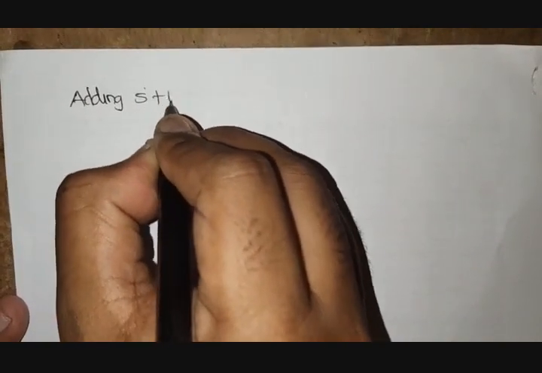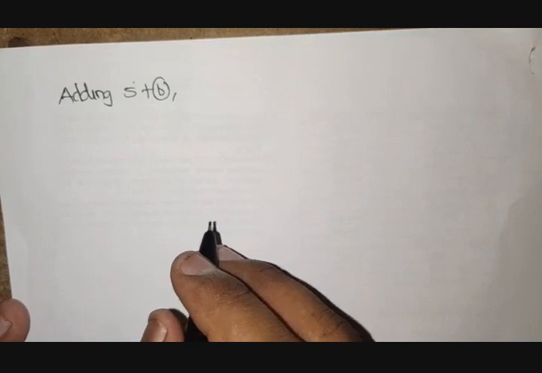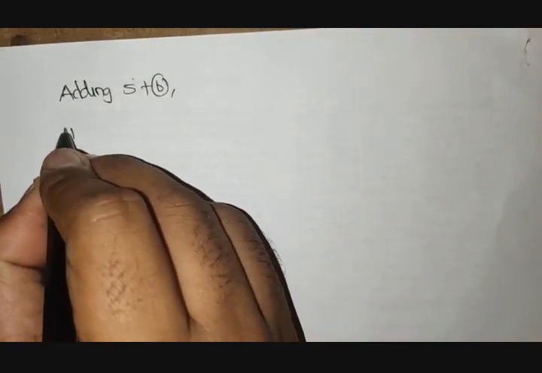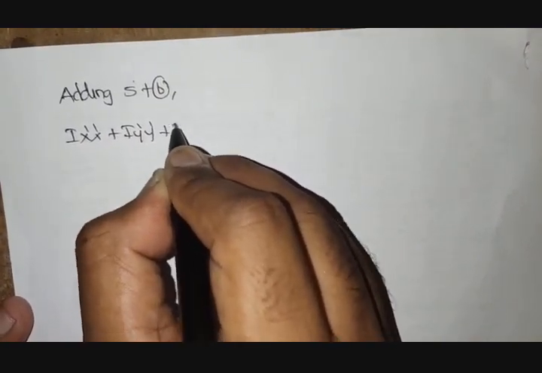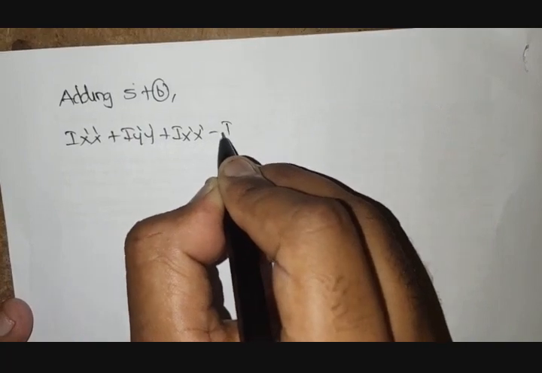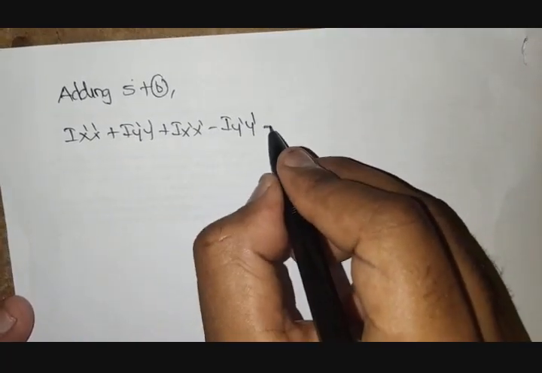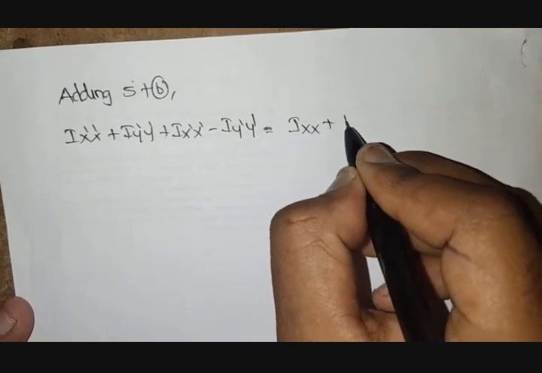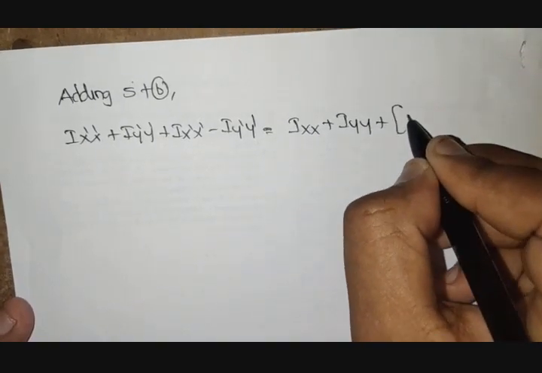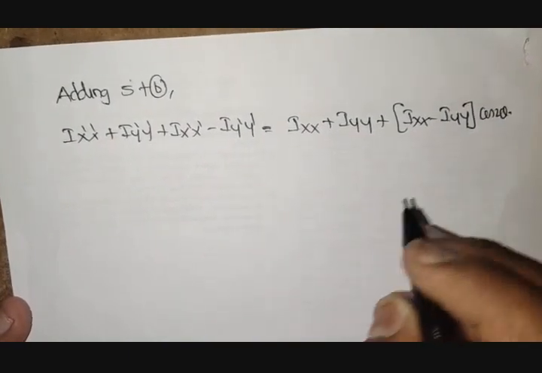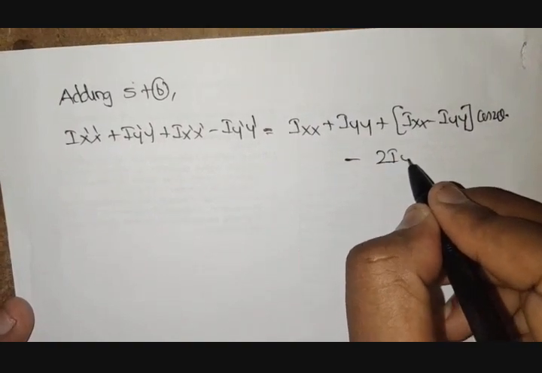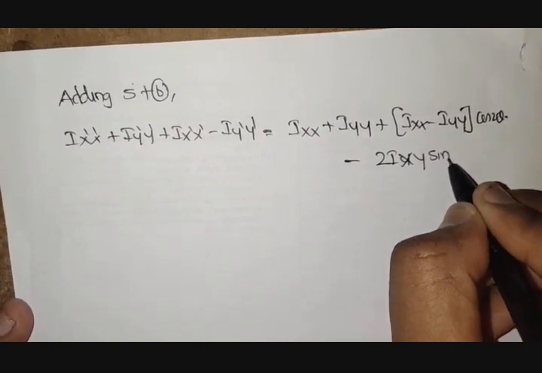So now I am going to add 5 plus 6. If I add equations 5 and 6, I get Ix' plus Iy' plus Ix' minus Iy' is equal to Ixx plus Iyy plus (Ixx minus Iyy) into cos 2 theta minus 2Ixy into sin 2 theta.